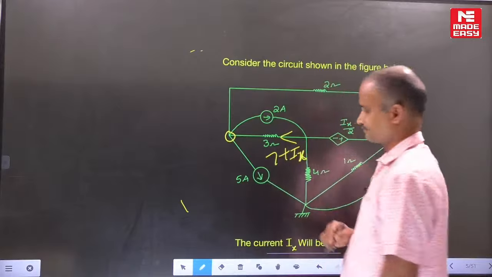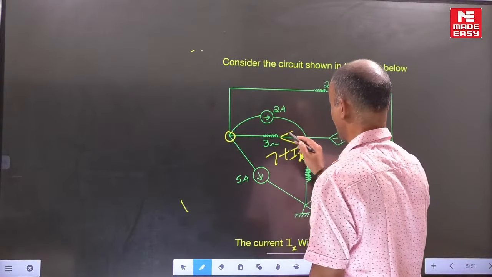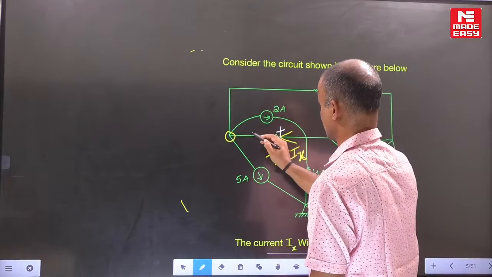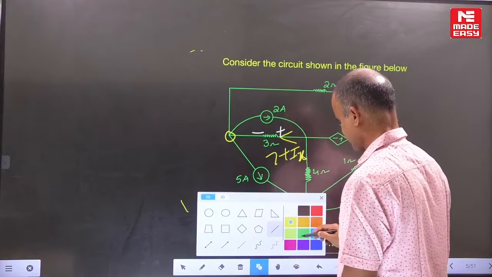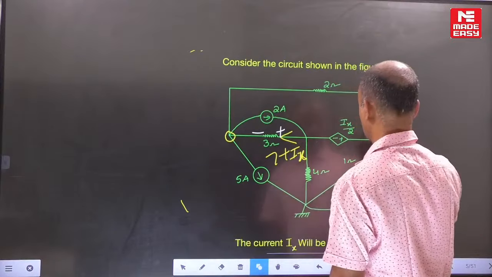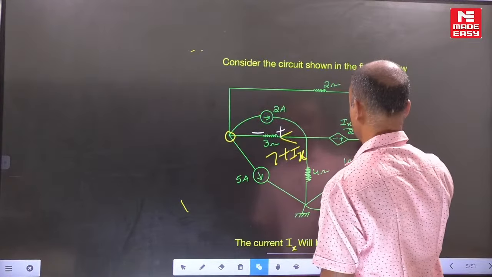For this example, wherever the current is entering, take that as positive and the other as negative. Now for the dotted lines, we can write the KVL equation.